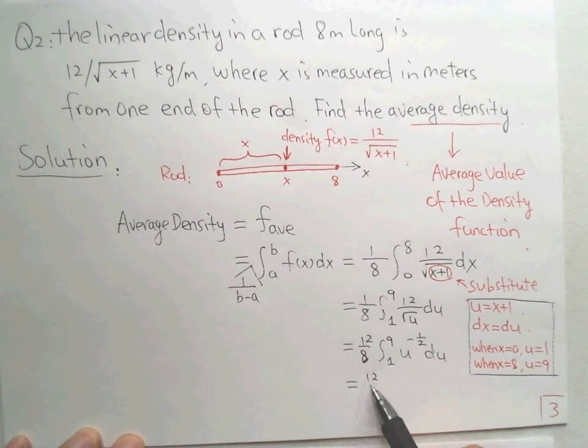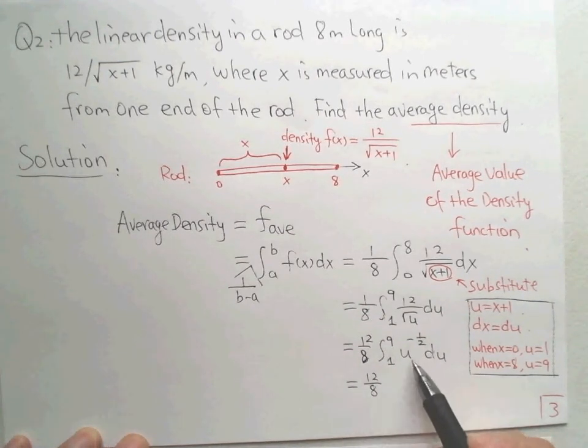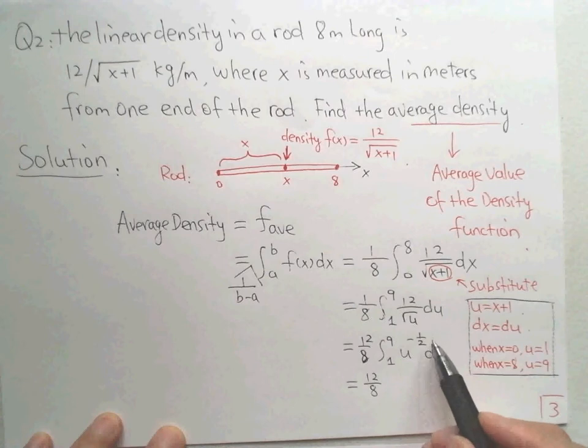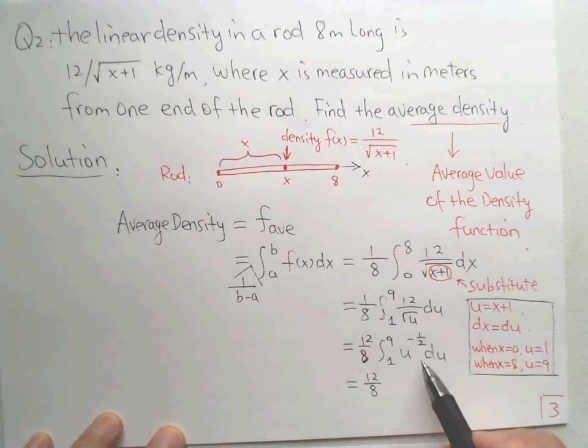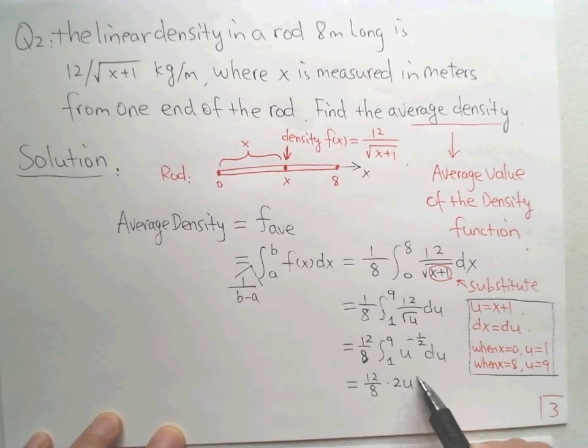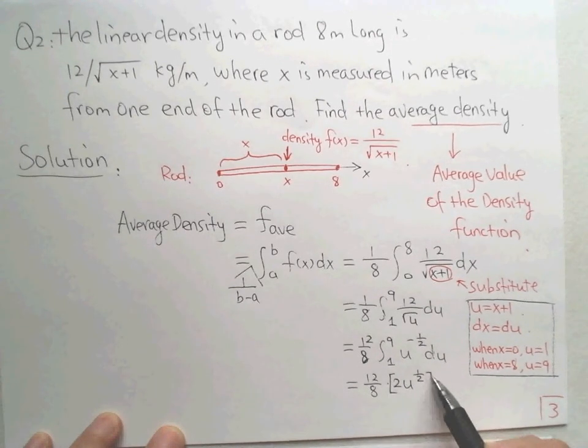So now we have 12 over 8 times u raised to the half, divided by 1/2, which means times 2. So we will have 2 times 2, so we have times 2 u to the 1/2.